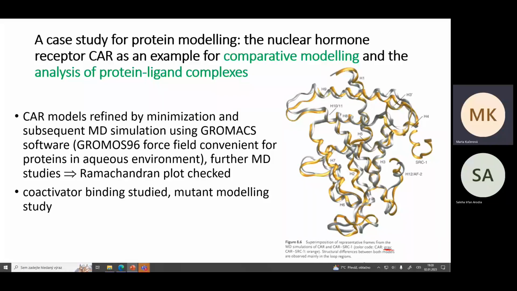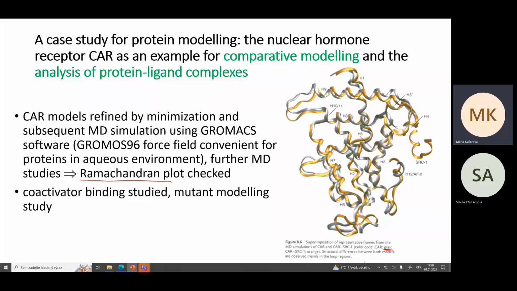They also checked the Ramachandran plot, you know what it is. It was discussed in the previous lectures, and they performed refinement.